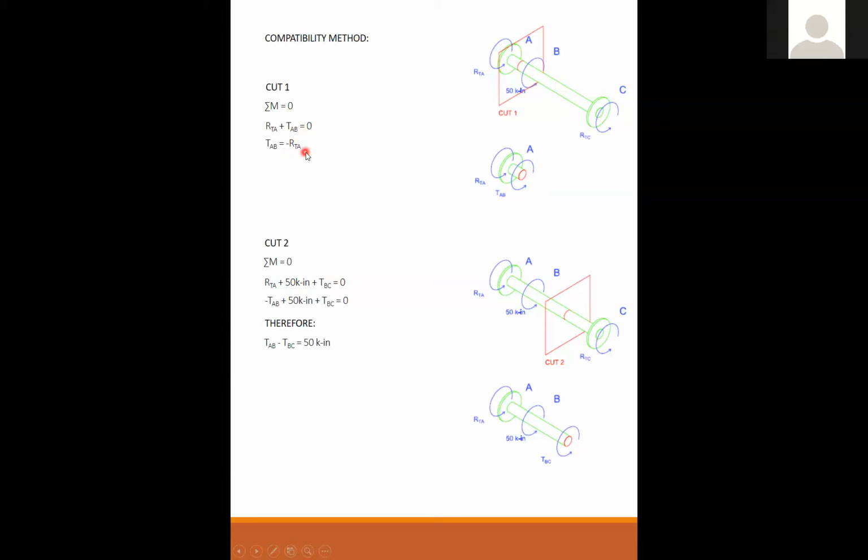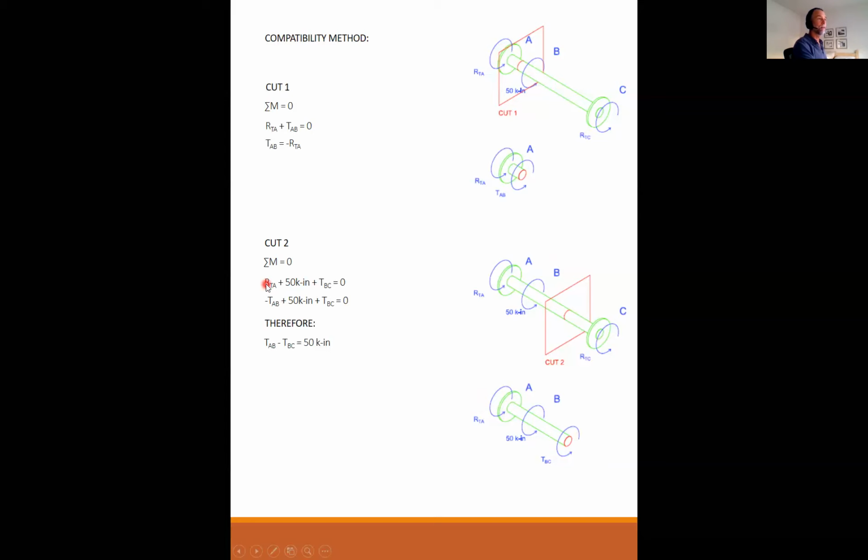Oh, okay. So now I go down here and I draw the same thing. RTA is drawn positive, again with your thumb going away from the cut surface. The 50 kip inch is positive, and the internal torque from B to C is drawn as positive. So all three are positive.